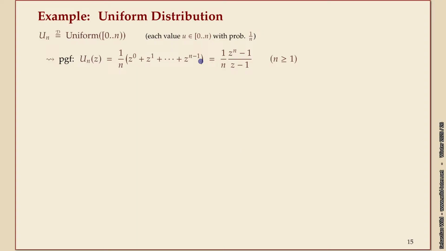So the formula on the sheet went until n, so I had an n plus 1 here. In our case, it's even more convenient. It stops exactly at n. So we can rewrite this sum in closed form. Okay, so it's shorter to type. And now we can take, for example, the derivative of this thing, set z to 1. Or I take the limit as z goes to 1 and retrieve, ta-da, the expected value of a uniform distribution.